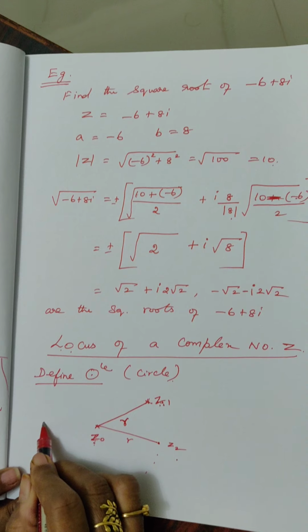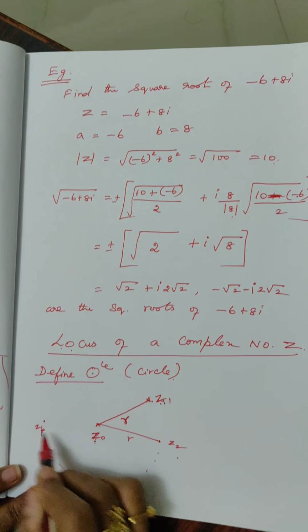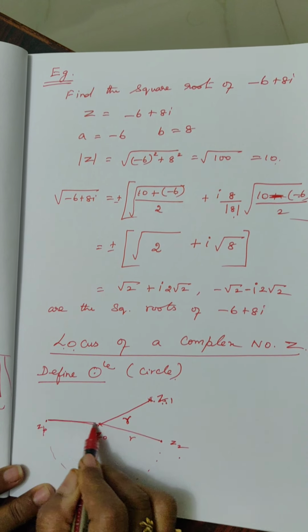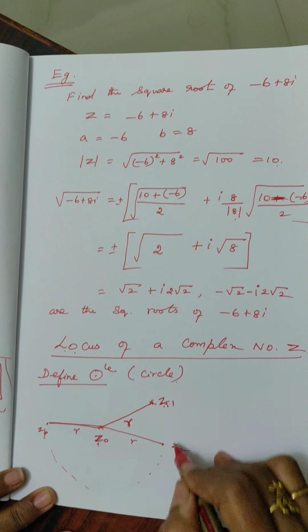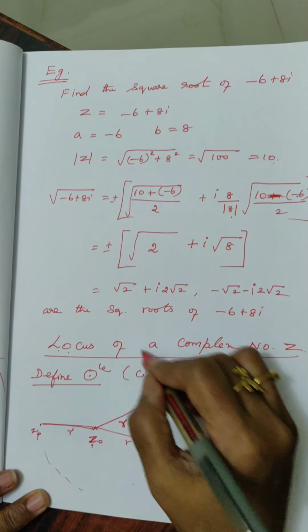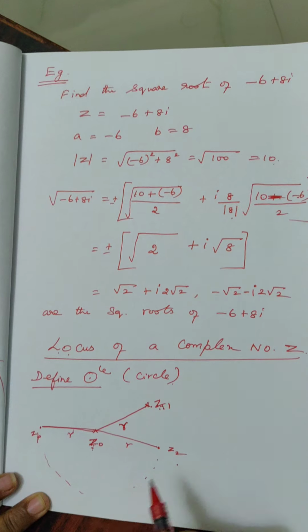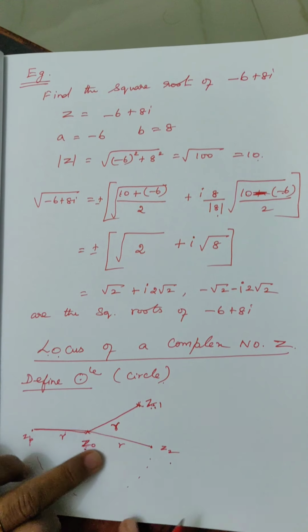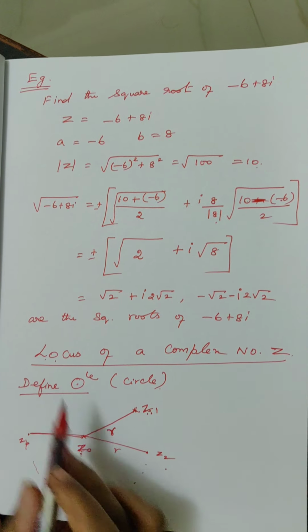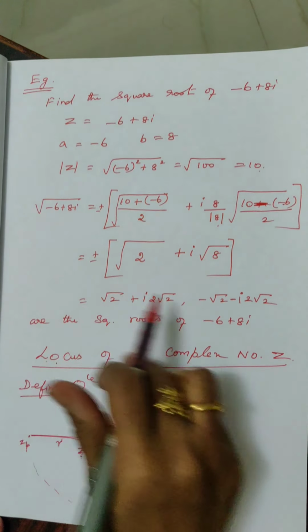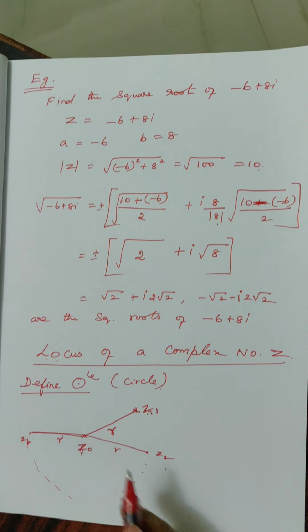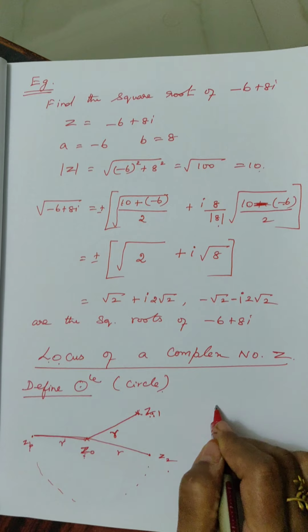Suppose z is here, let us take that point as zp. The distance between these two is r. While I am moving all the points in such a manner that the distance between these two points is always constant, what will be the diagram you are getting? The diagram is nothing but a circle.